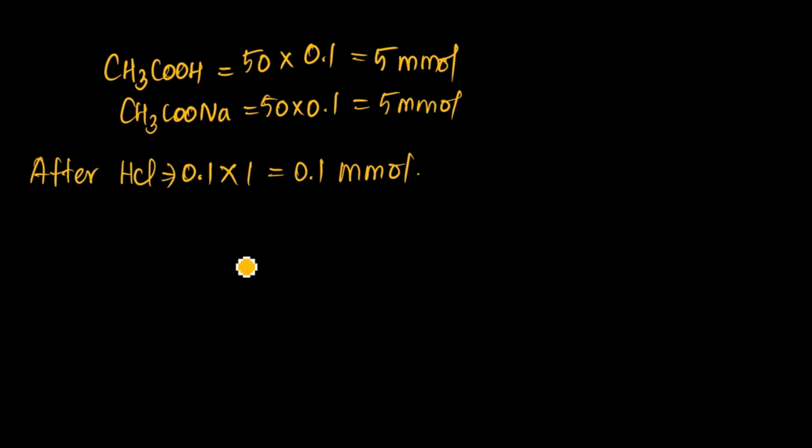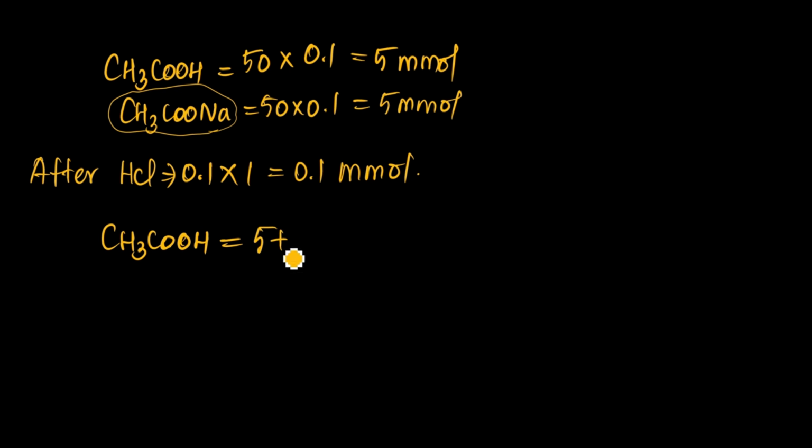So after adding HCl, what will happen to the concentration? HCl will get dissociated as H plus and Cl minus. That can interact with sodium acetate to form acetic acid, right? So the acetic acid concentration will get raised because of the addition of HCl.